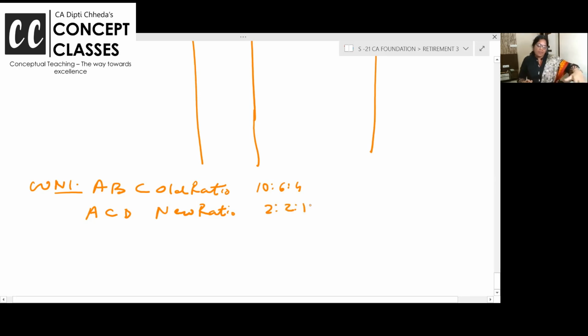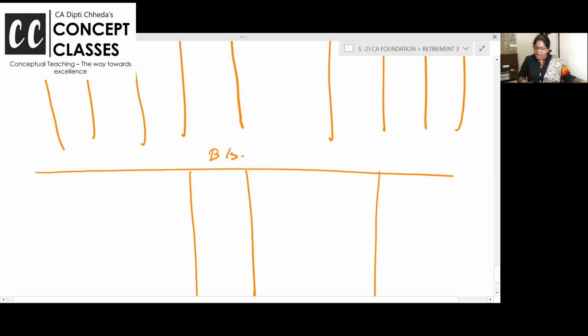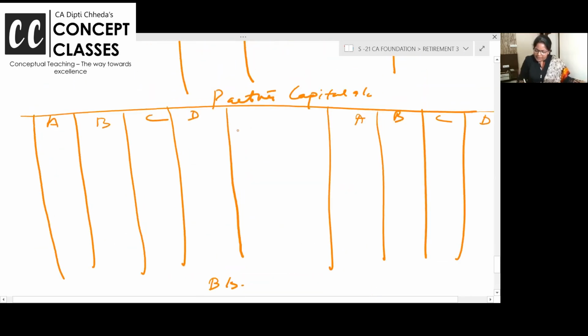Chalo. Let us start. Write down the capital account opening balances very quickly. 80,000, 20,000, 30,000. Reserves: 20,000.